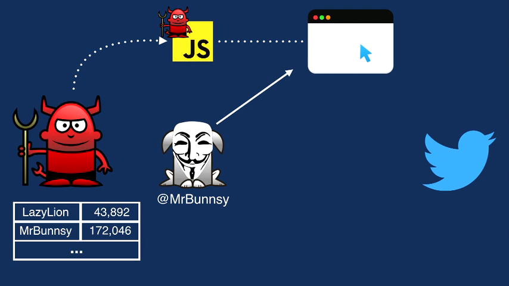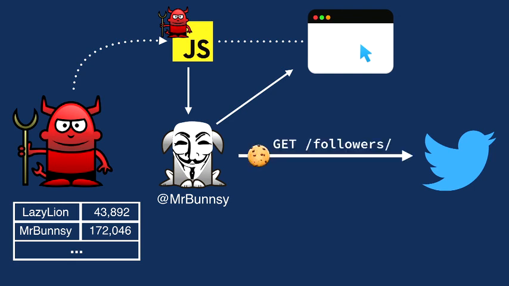Of course, when Mr. Bunzi is visiting the website, the JavaScript will also be executed. And this JavaScript can trigger requests to Twitter. So it will look exactly the same as in the first slide: the exact same GET request with the cookies of Mr. Bunzi will be sent to Twitter.